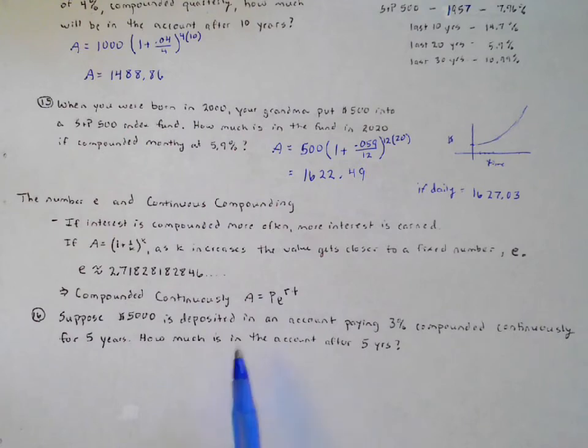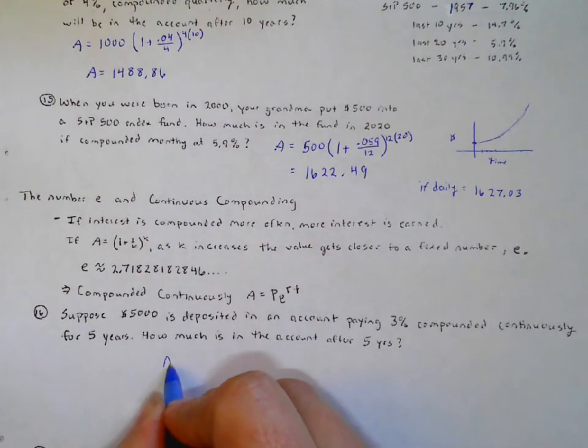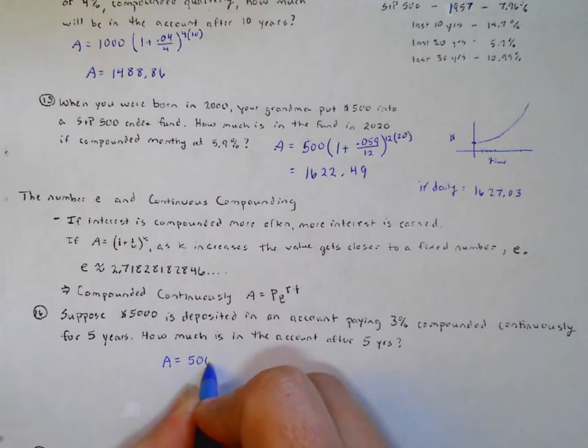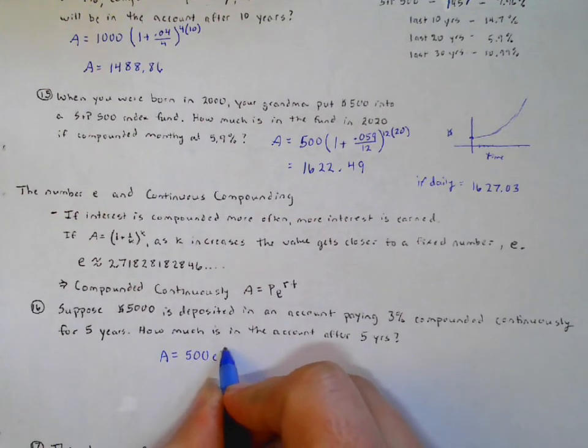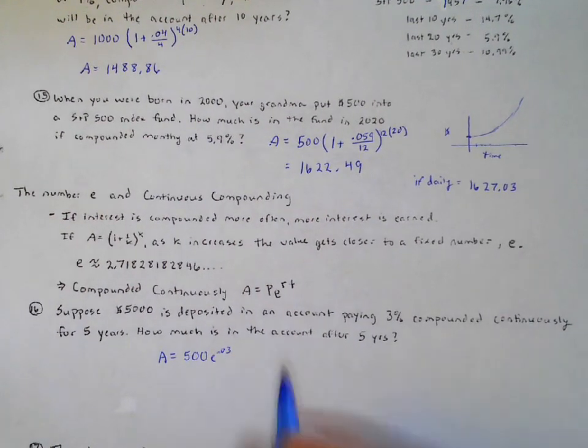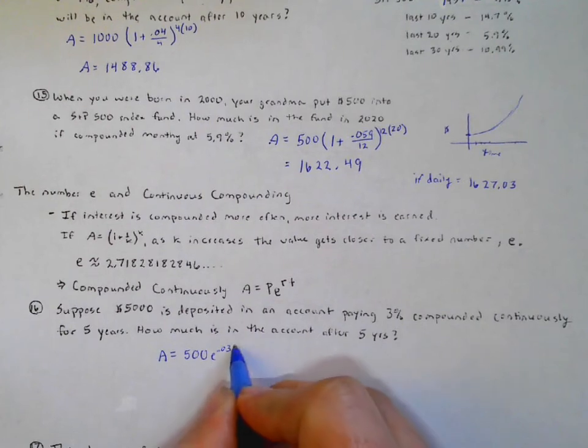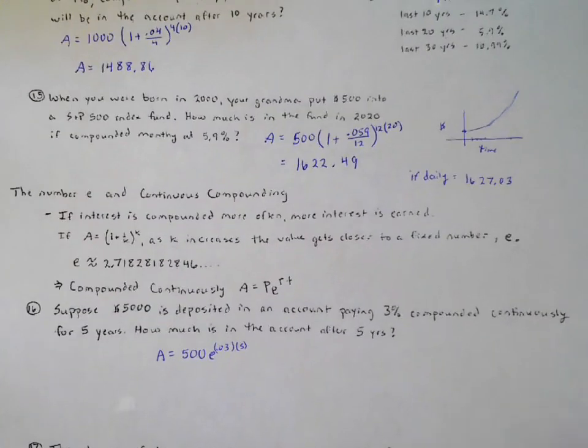Okay, so suppose we have $500 compounded continuously. We're going to use this e at a rate of 3%, so not as high a percentage, and compounded continually for 5 years. Okay, I'm going to put this in Desmos. I'm not sure where the e is there, but I think you can just type the e.